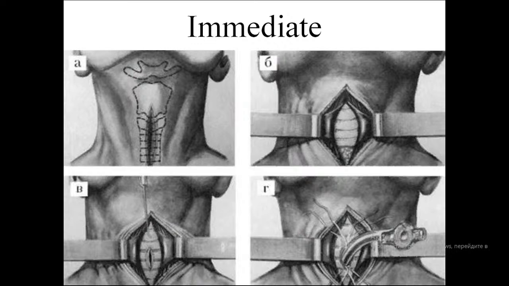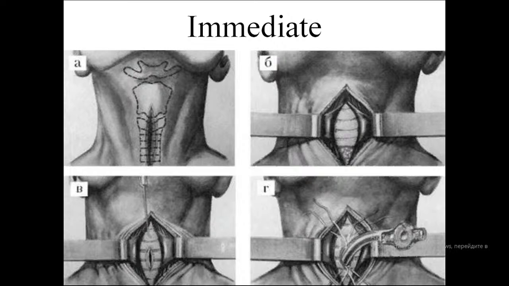Students, in this slide you can see, as I told you, all surgery can be divided into three groups: immediate, urgent, and deferred surgery. And in this slide you can see the immediate surgery. What is immediate surgery?